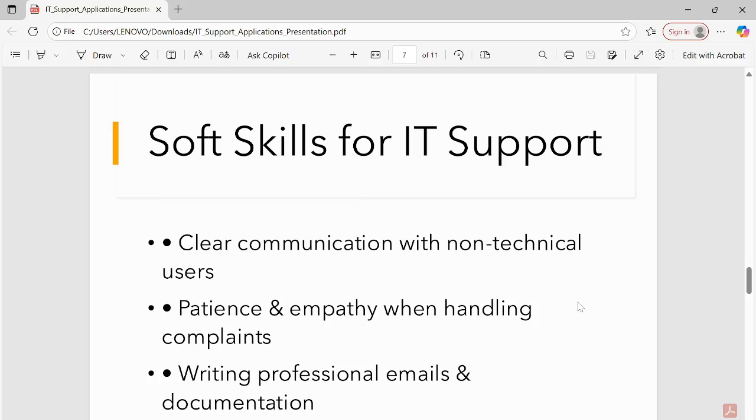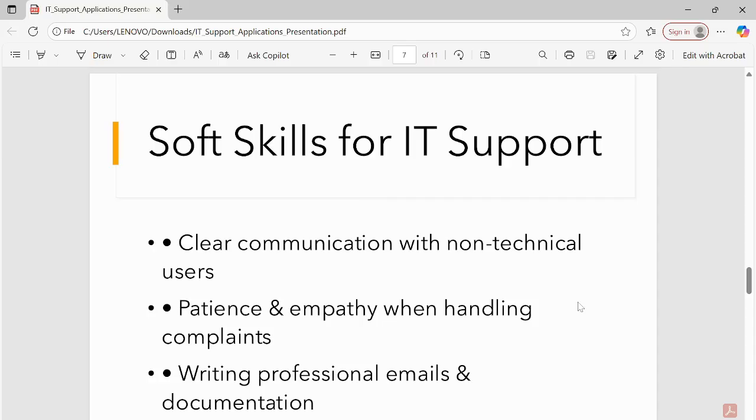In that case you also have to handle it. You have to have patience and convince the user that the issue will be resolved as soon as possible, we are working on it. Communication should be very smooth and short so that users will not be in trouble. And the third one is writing professional emails and documentation.